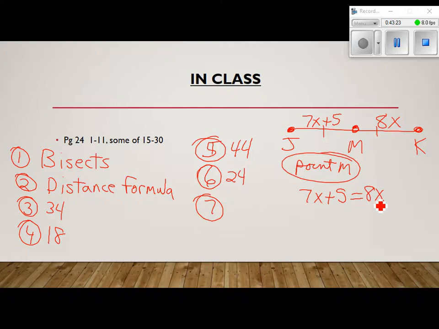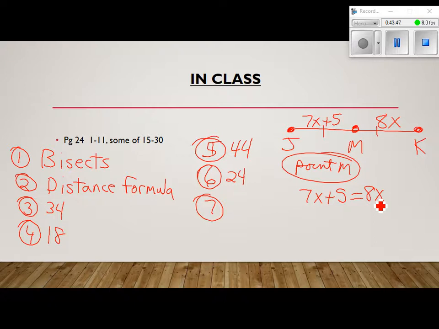One of the problems a lot of you are going to find in this class is you've got to know what equation to set up. Sometimes you're going to say this plus this equals the whole thing. Other times you're going to say this equals that. Those people who have trouble will always say this equals that because it's easier, and that doesn't help because that's not always the case.